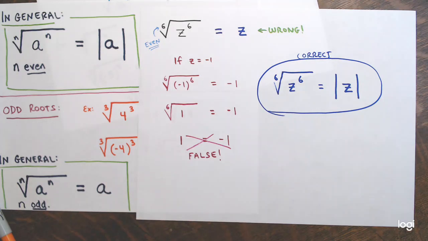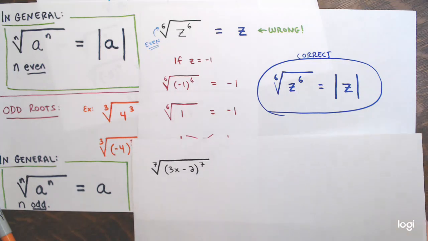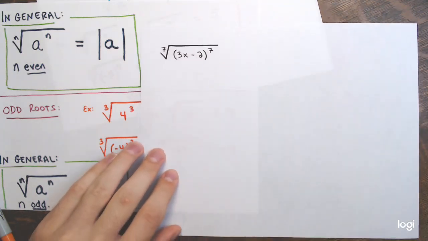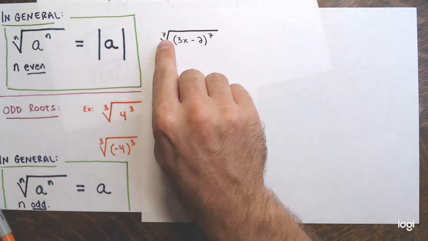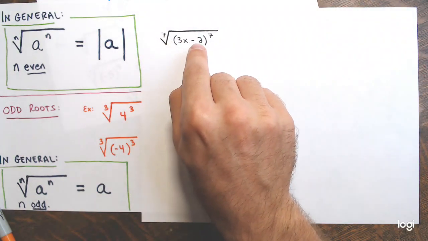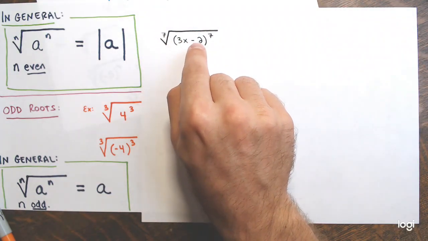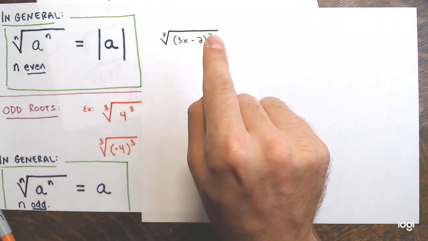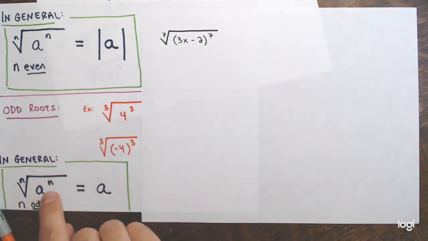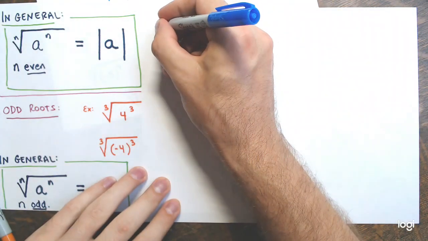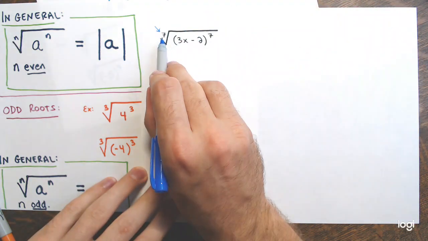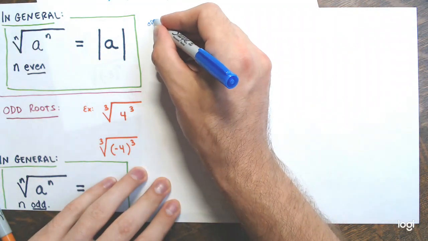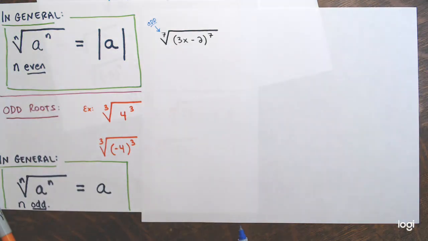Okay. All right, my next example, finally dealing with an odd root. Here's the seventh root of 3x minus 2. So this 3x minus 2 is like the a, and the 7s are the n's. The reason I'm pointing down here is because now we're finally dealing with the situation where my index is odd. I'm taking an odd root. In that case, it's easy.